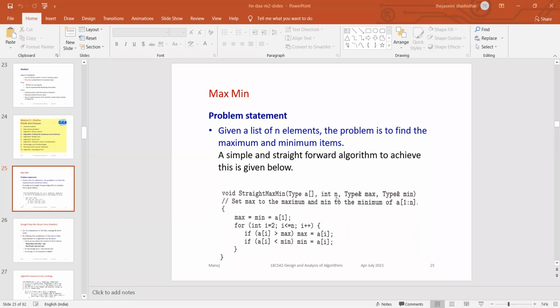So how many comparisons will you get for n elements? Anybody can tell, if there are, sorry, take it as 5 elements: first and second, first and third, first and fourth, first and fifth. So how many comparisons will you get totally if there are n elements?